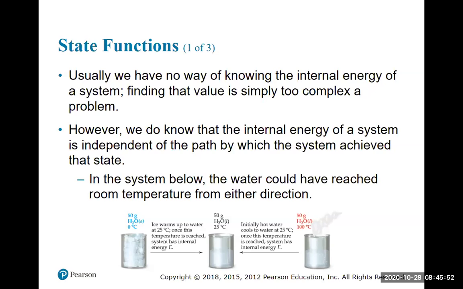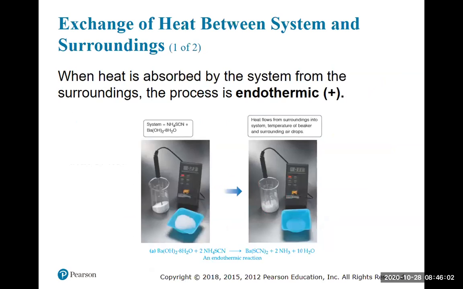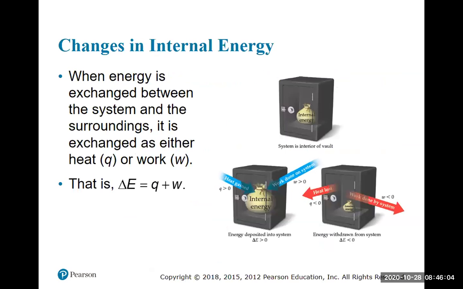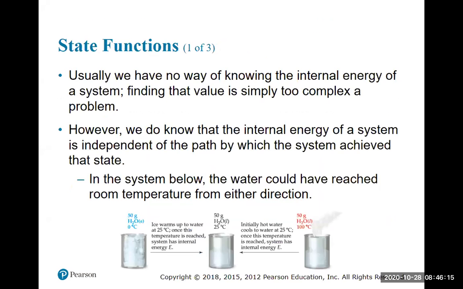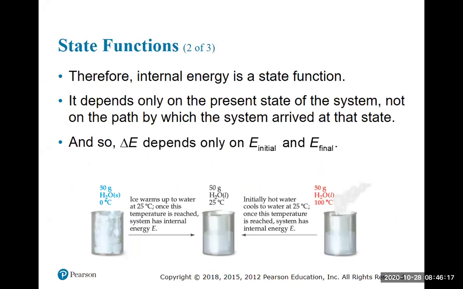Delta E, internal energy, is independent of that path. But the heat and the work, so remember, we go back here and we said delta E is equal to heat plus work. While delta E is a state function, heat and work, the Q and W, are not. And I think we have an example in a moment here.